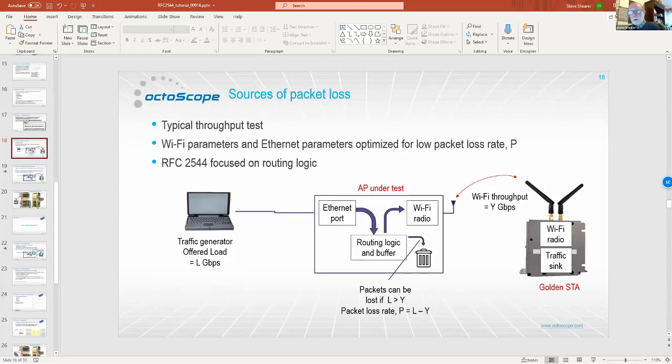Essentially, if you're pushing packets into that routing logic faster than they can get out, that's definitely a mechanism for losing packets.